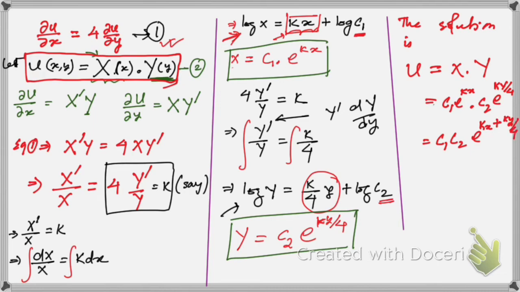Okay, so c1 c2 e to the power kx plus ky by 4. So this is your answer. So hope you have understood this. Now let's move on to next question.